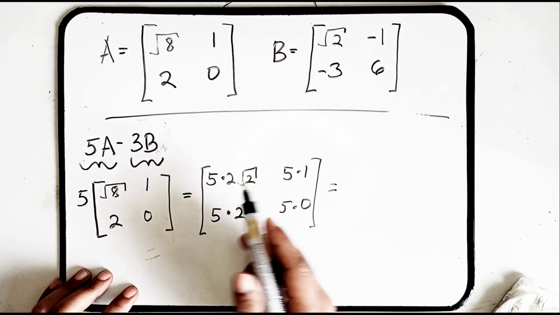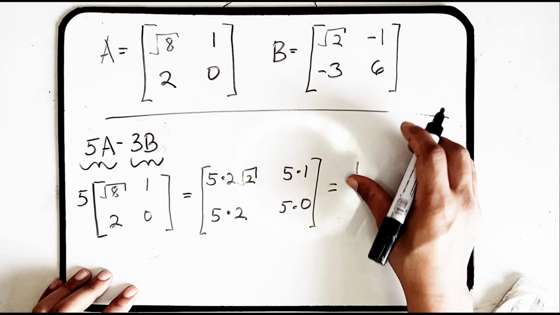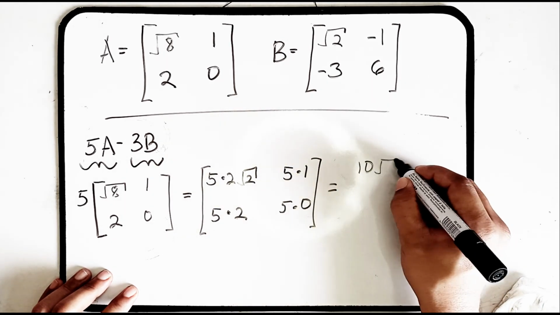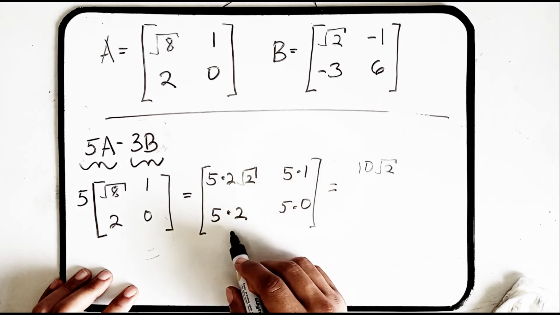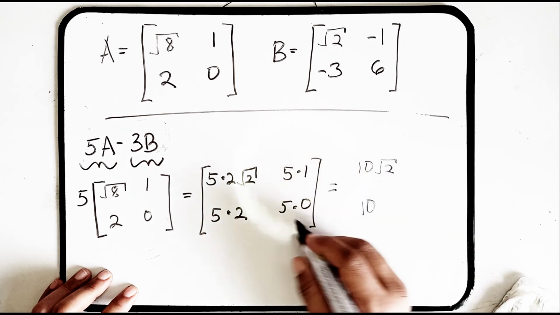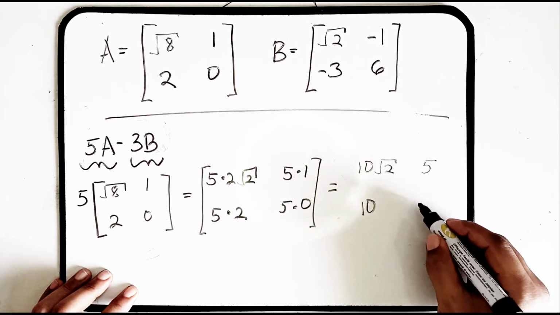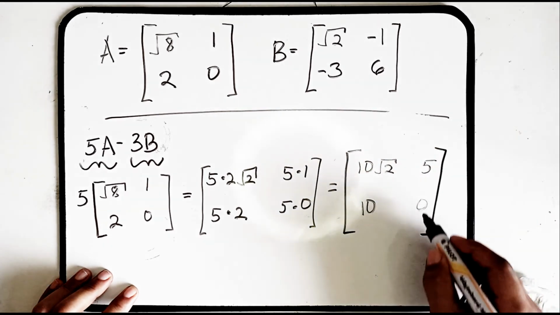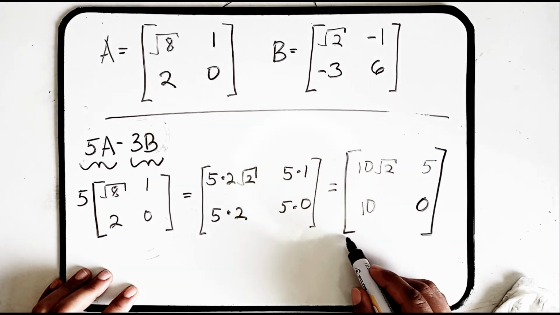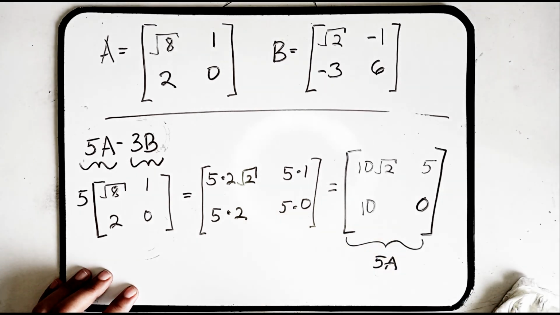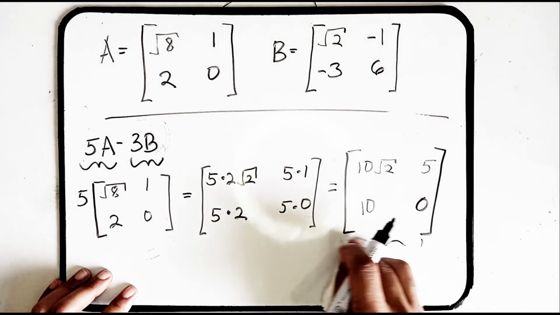This becomes 10. So 10. And then we'll just copy the radical symbol together with 2. And then 5 times 2, still 10. And then 5 times 1, 5. And then this is 0. Okay. There you go. So this is now our 5a. Okay. This is now our 5a.